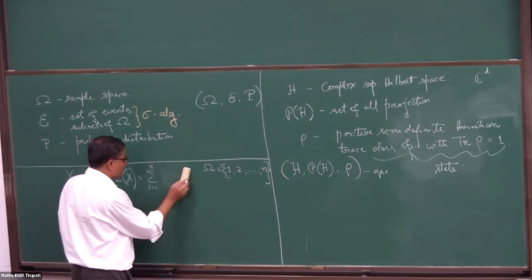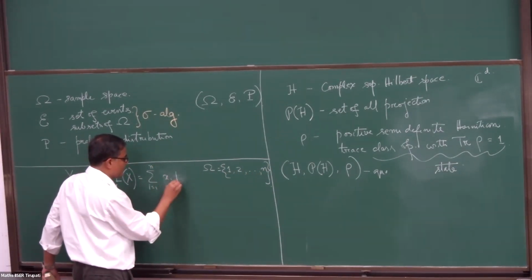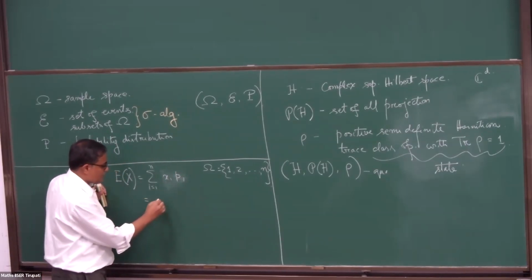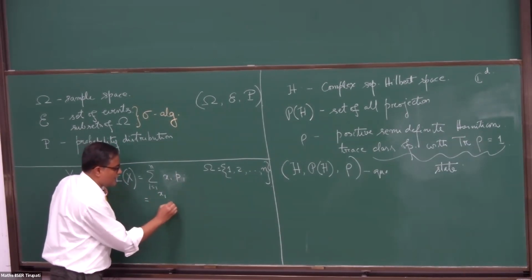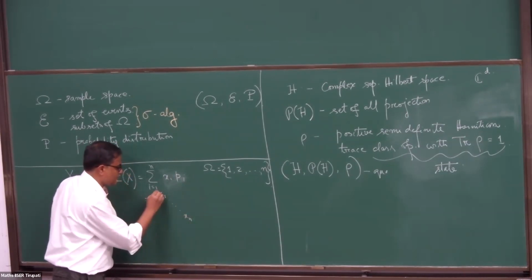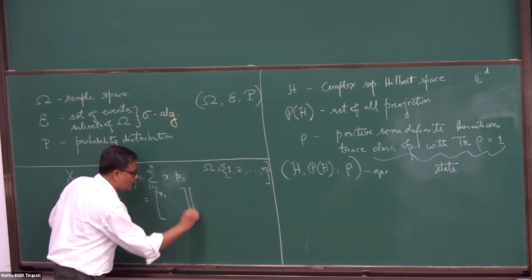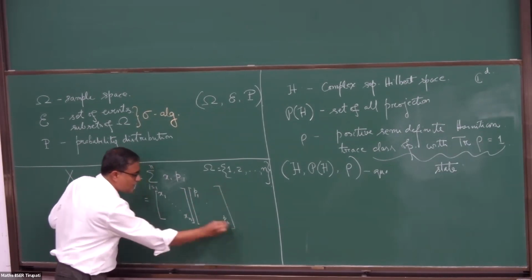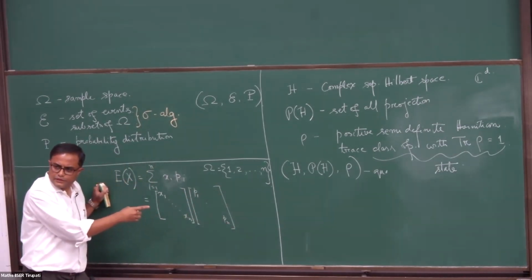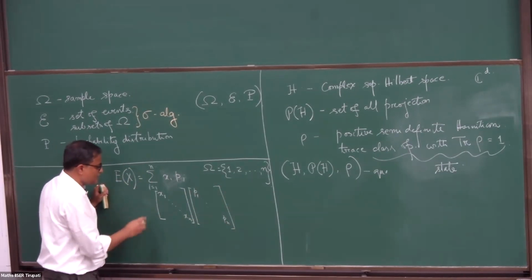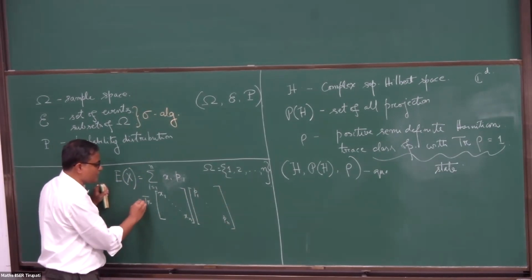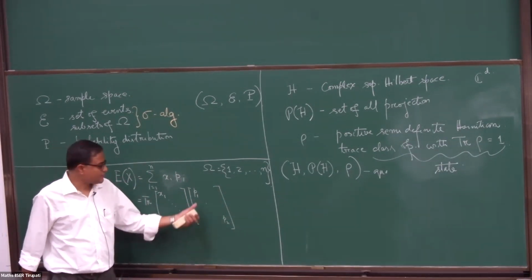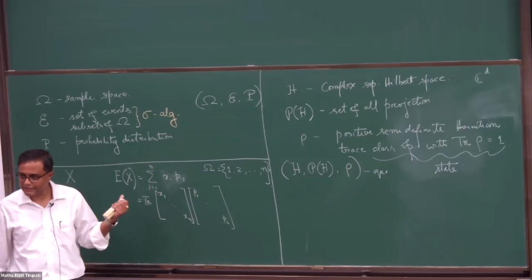Or maybe I should write it as xi pi just for my whim. I write it in this way: x1, x2, xn and p1, p2 etcetera pn. I can do it. These are nice products, and I take the trace of this whole thing. I would call this the expectation of x with respect to this probability distribution p, whatever it is.